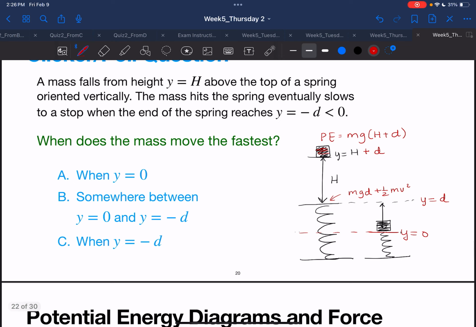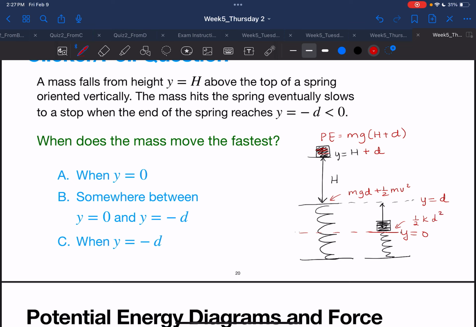Then when we get to this bottom point here, all our energy is stored in spring potential, which is 1/2 kx squared. And at some intermediate point here, we're going to have some gravitational potential, some kinetic energy, and some 1/2 kx squared. And at the final point, the amount of compression x is actually d, so 1/2 kd squared.